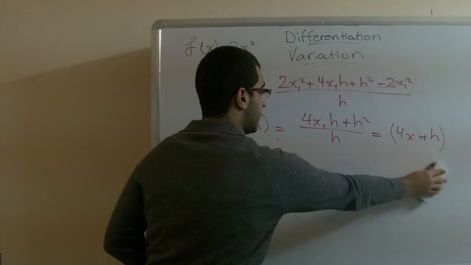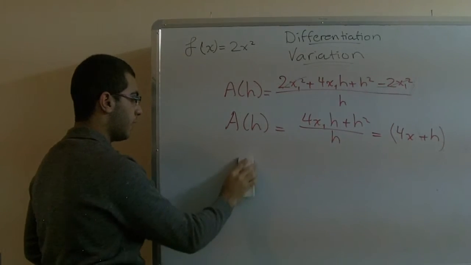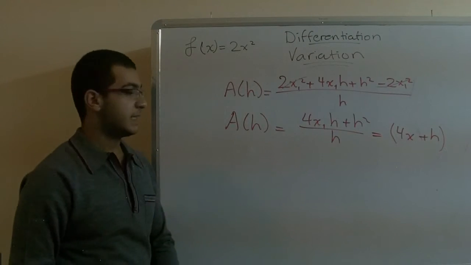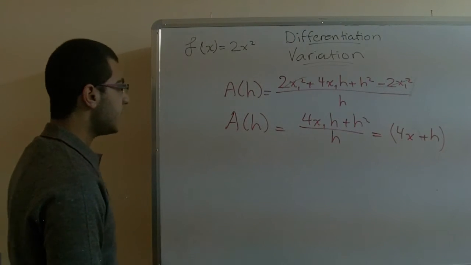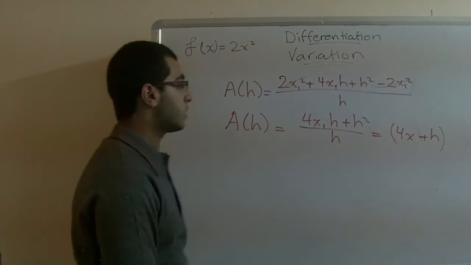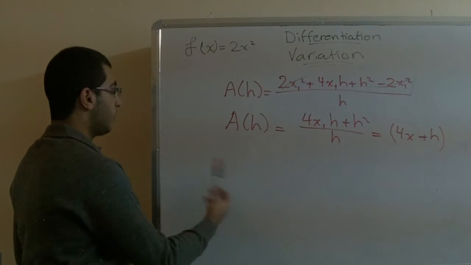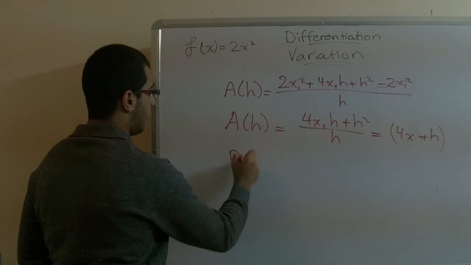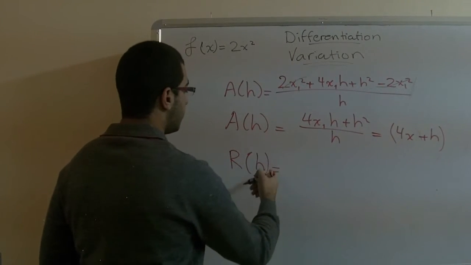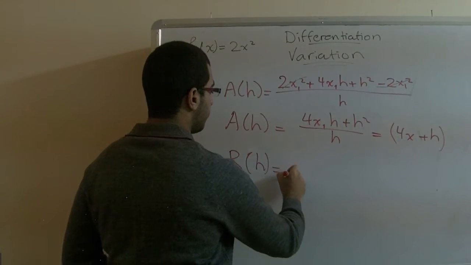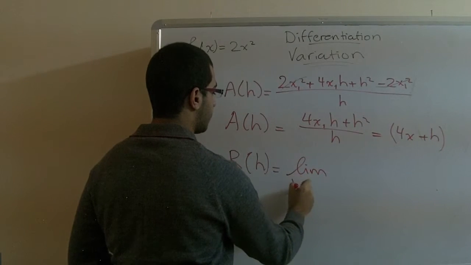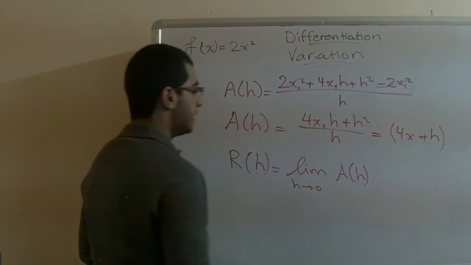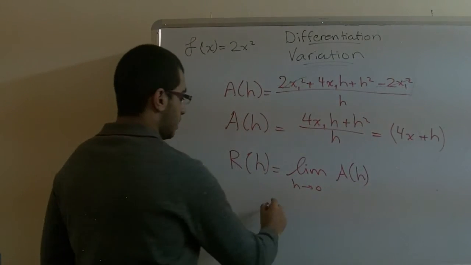What we needed in our problem is to get the rate when the width is 10 centimeters. But we are stuck here with the h. So before getting the value, we can get the rate of change. We said that the rate of change equals the limit as h approaches 0 of the average rate of change.